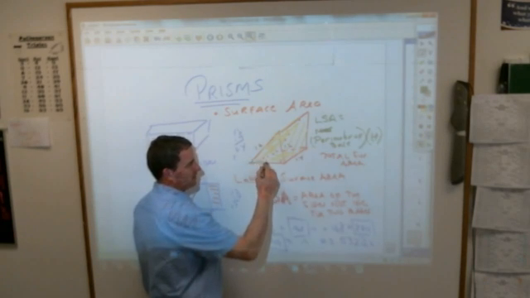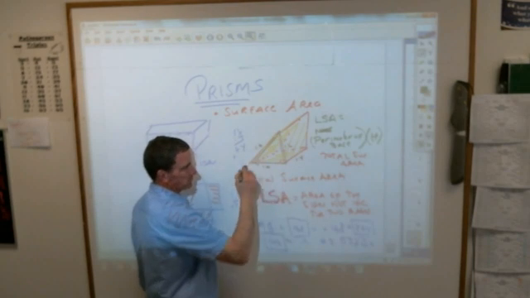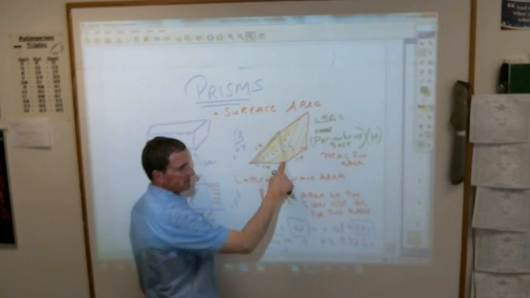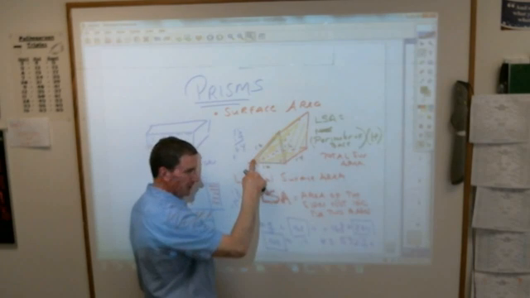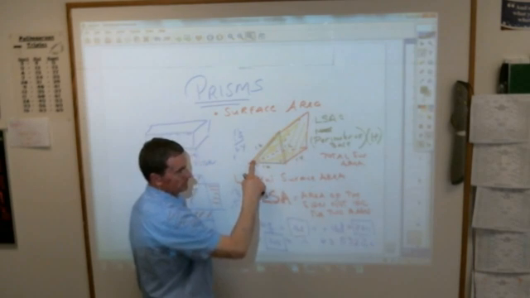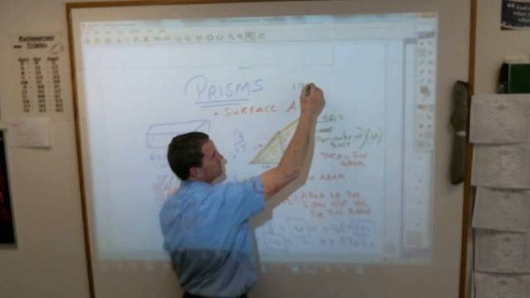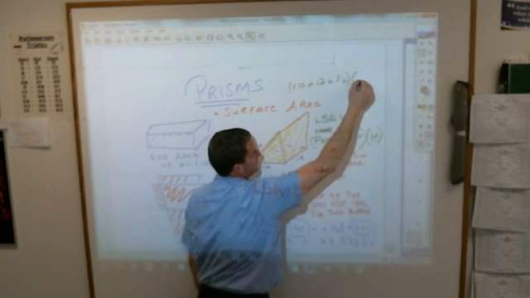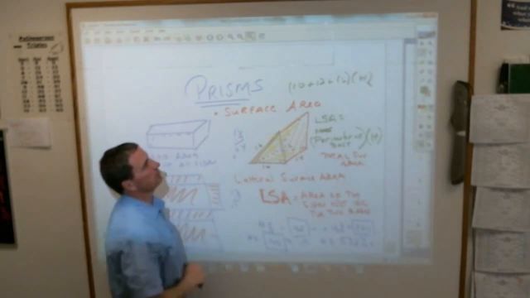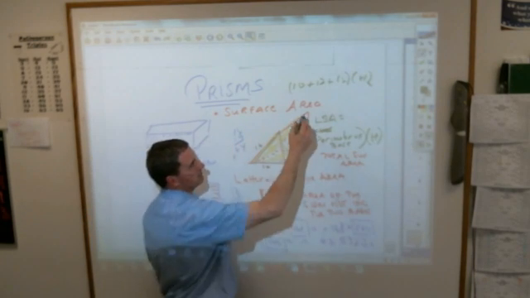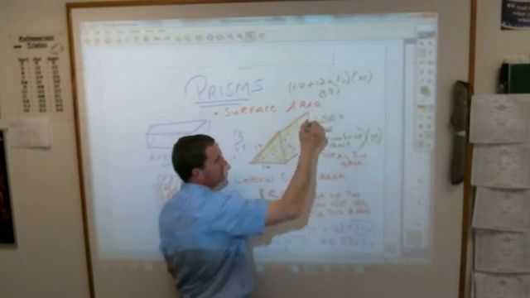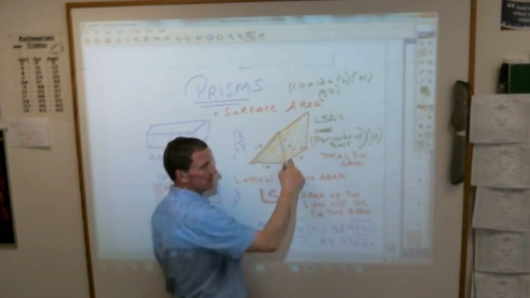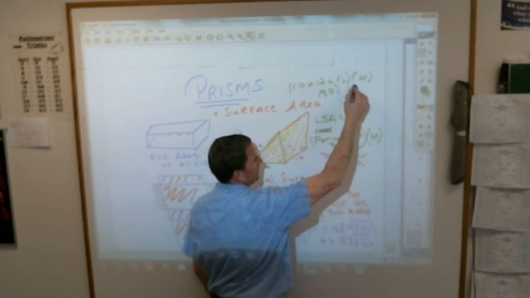Here's my base, correct? The perimeter of my base is 10 plus 12 plus 16, right? If I add that all together, that gives me, what, 38? And the height of my shape, remember, is when I set it on its base how tall it is: 14.